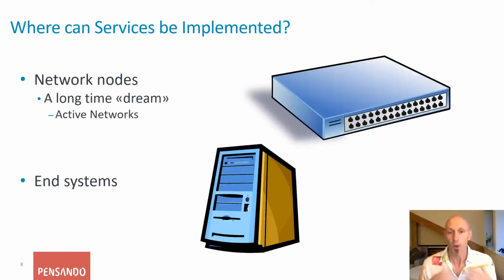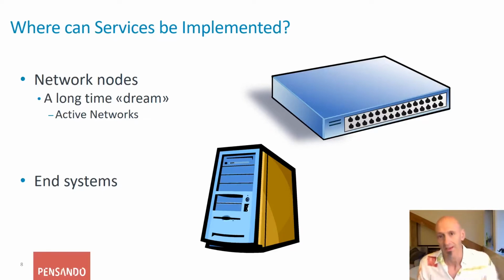So where can services be implemented in a way that they are found naturally by the traffic in the network? Well, one option is to implement those services in network nodes. And the idea of implementing services in network nodes has been around for a long time.